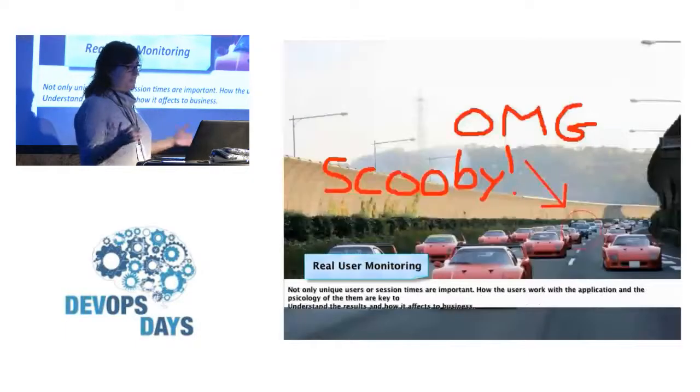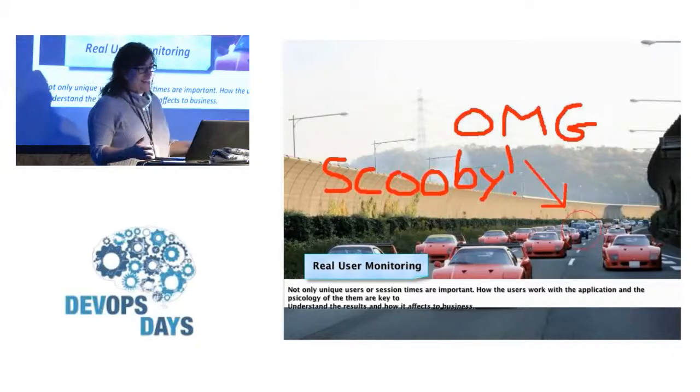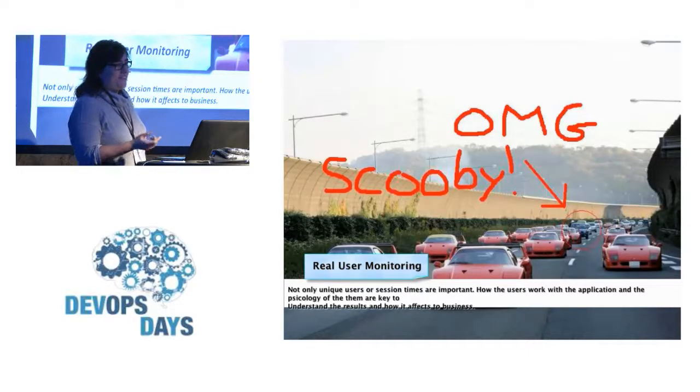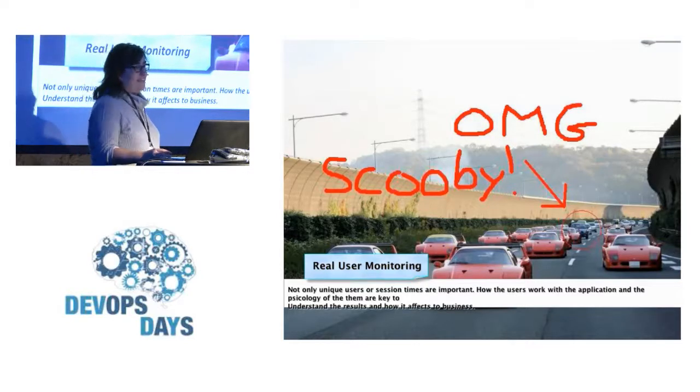Not all our users are Ferraris in this case. Sometimes they just have a little modem still somewhere in the world, reaching our system in a strange way that we don't care about, but we should. Okay, so it's the psychology and the user environment that is important to us.